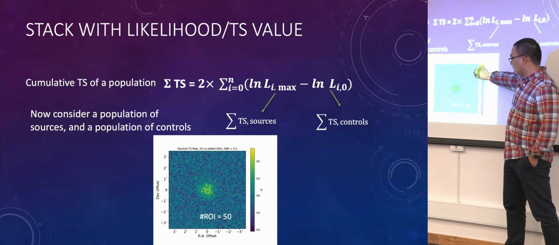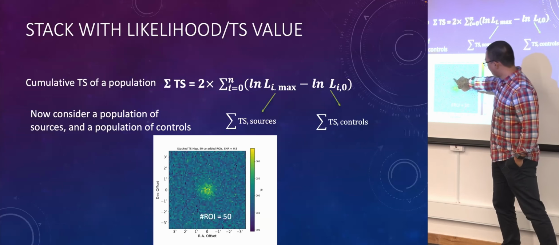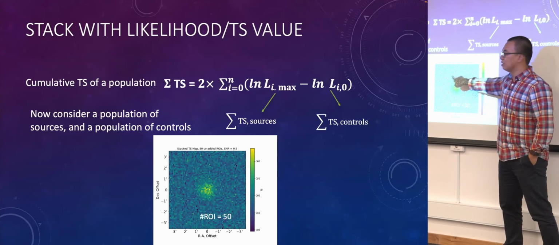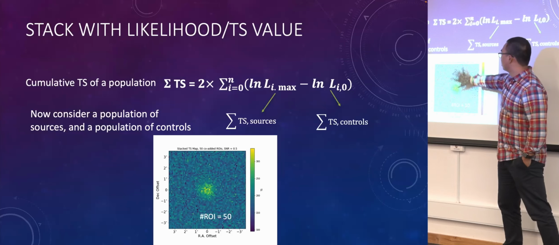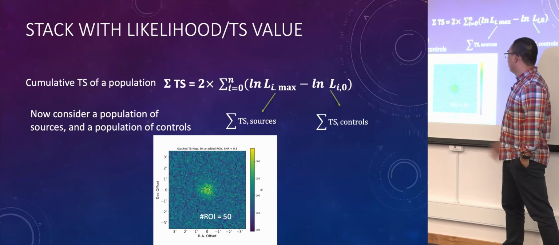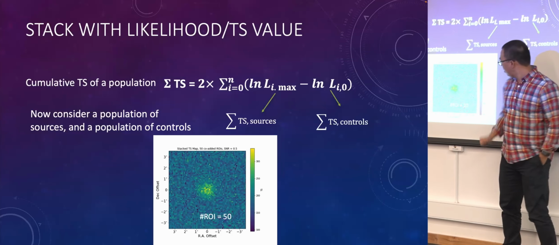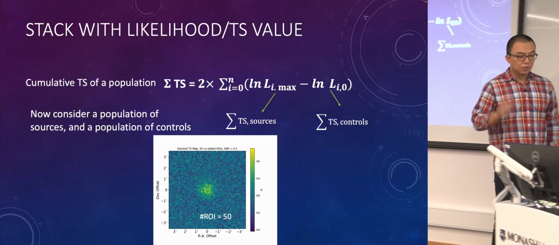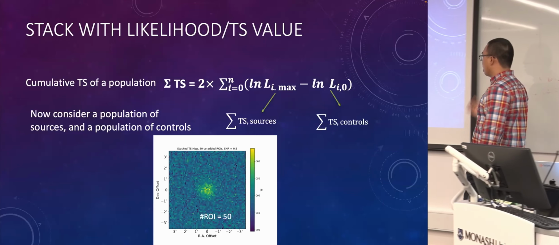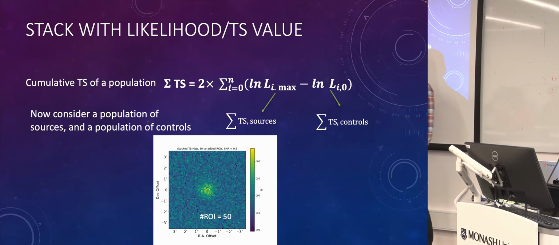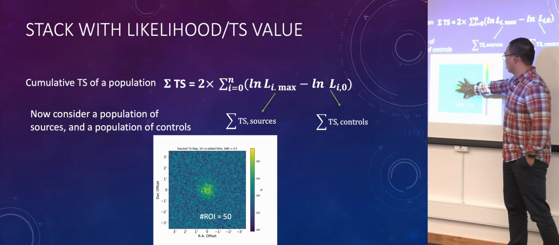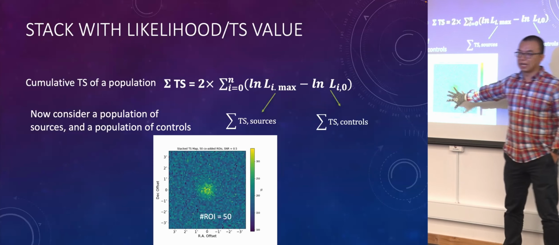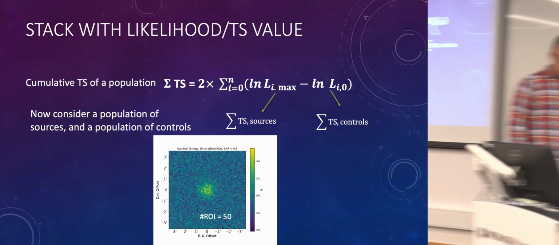We can see that at the center where the simulated source is, there's a huge bump after we add 50 of these snapshots together, and the rest we don't really see that boost in signal. So this is what we're trying to do. We're essentially trying to get that excess of TS value either in the physical space or in the parameter space of the source population that we want to look at.